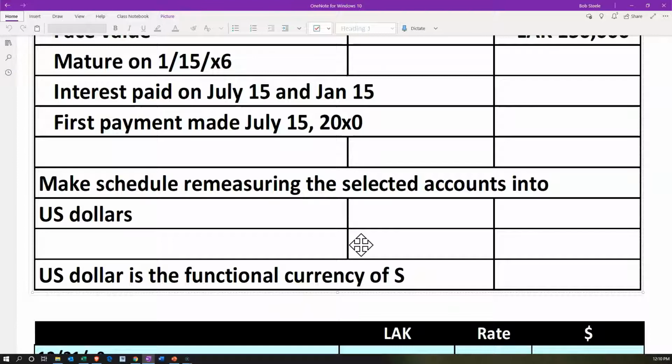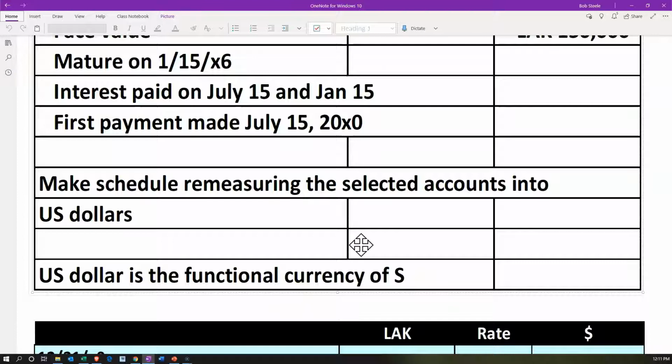Well, the two main ways that we would do that is we would say, what's the functional currency? The two functional currencies usually would be either the foreign currency that the books are in, in which case we would be using the translation process, or we're going to say that the functional currency is actually the US dollar, in which case we're going to be using the remeasurement.